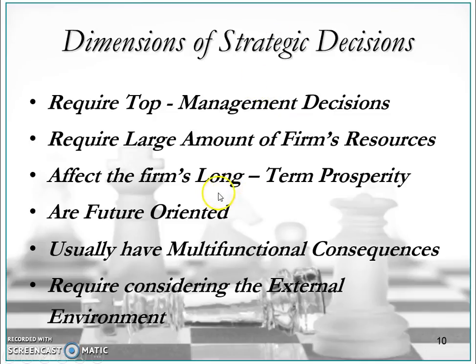Then it affects the firm's long-term prosperity. Again, the basic difference between a plan and a strategic plan, or a normal decision and a strategic decision, is that strategy is always done for the longer term, and as it requires a large amount of resources as well, the prosperity of the organization also comes into the picture.